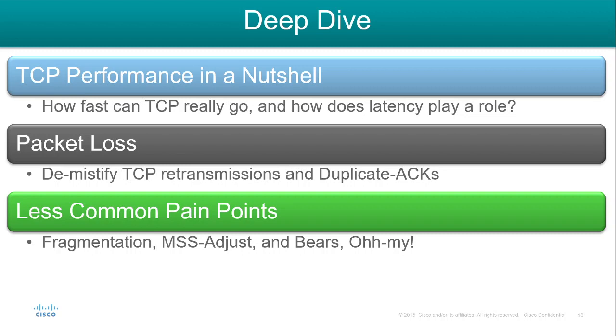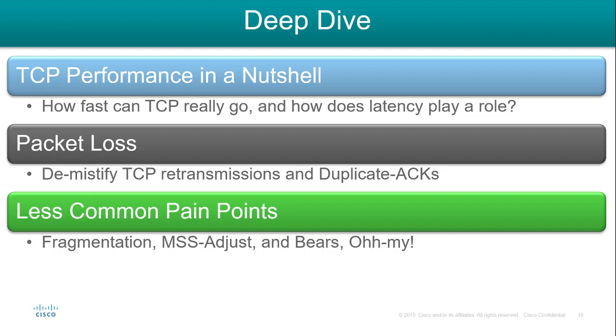Once we understand what our TCP performance can look like and what the maximum theoretical throughput is, then we're going to cover a little bit about packet loss. And we're going to try and demystify some of the mechanisms that TCP uses to account for it. Specifically, TCP retransmissions, TCP fast retransmissions, and TCP duplicate ACKs.